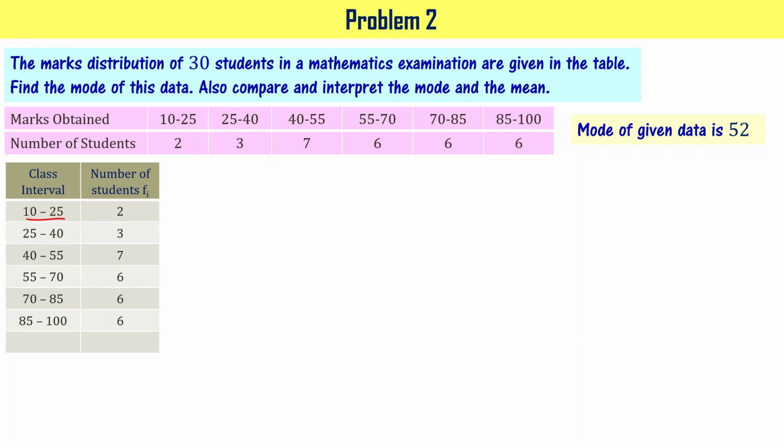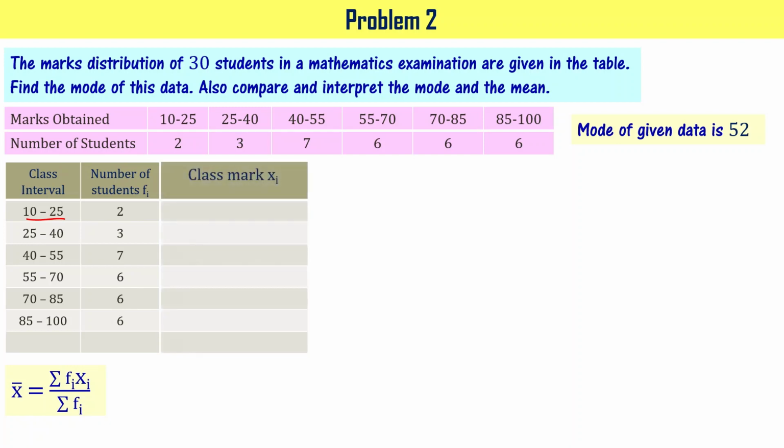For the class mark, it is the sum of the lower class limit and upper class limit divided by 2, or the average of these two class limits. That's how you got 17.5 for the first class. For the next class it is 32.5. Like that we calculated the class mark for all the classes earlier also.